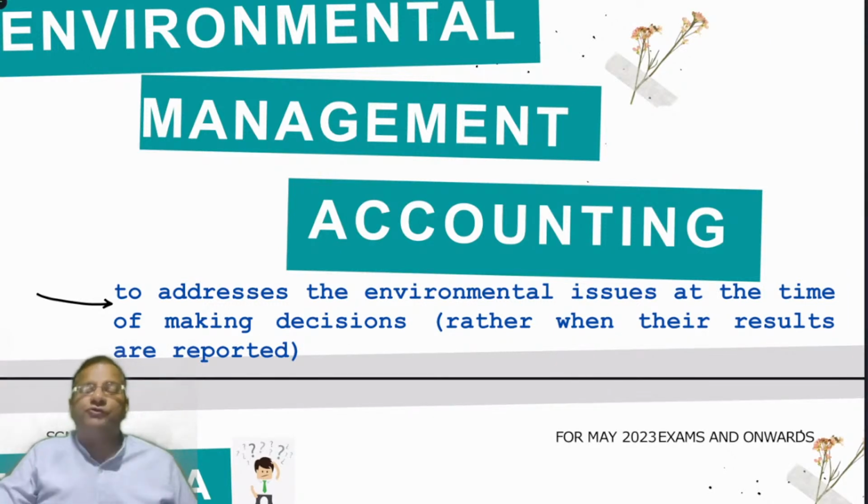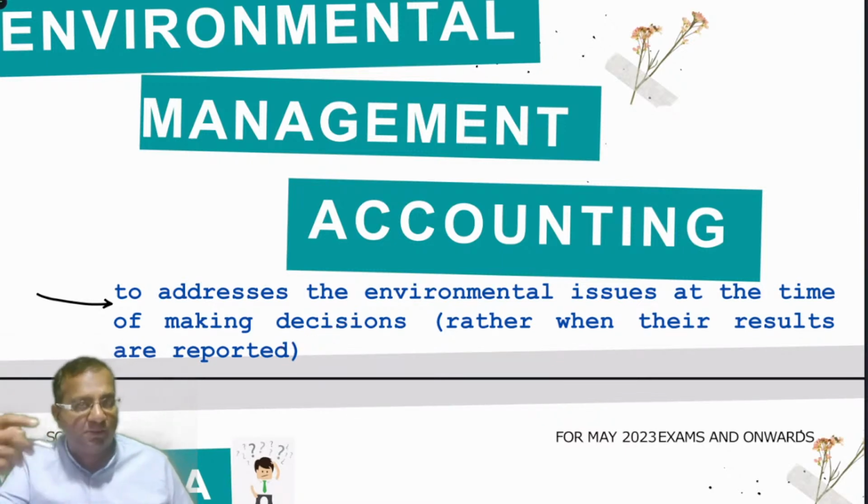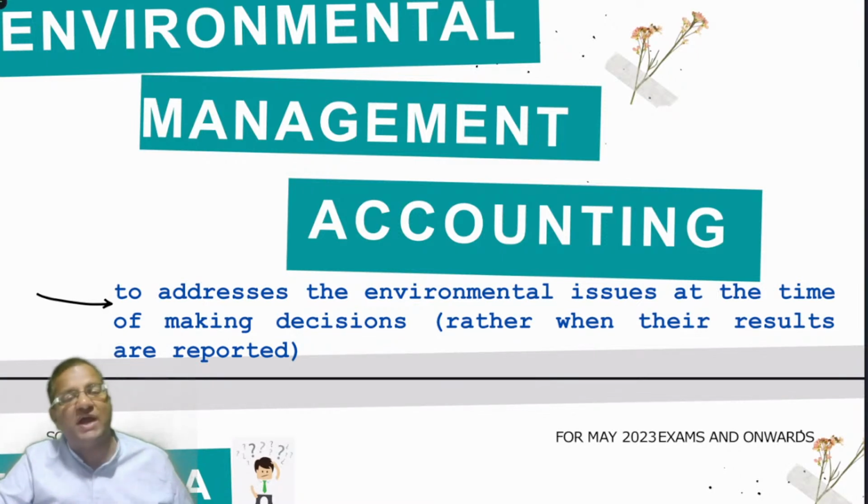Second point, suppose you are planning for a new factory. Okay, वो जो लोकेशन है, अगर आप उस लोकेशन में अपनी फैक्ट्री एस्टेब्लिश करते हैं, then what will be the environmental impact? आपको फाइनेंशियल तो देखना ही देखना है, whether it will be financially viable for the company to install the factory at that particular premises, but at the same time, you should also consider from the viewpoint of environment what impact it will create, positive or negative, if we install the factory, if we construct the factory at that particular location, है ना?